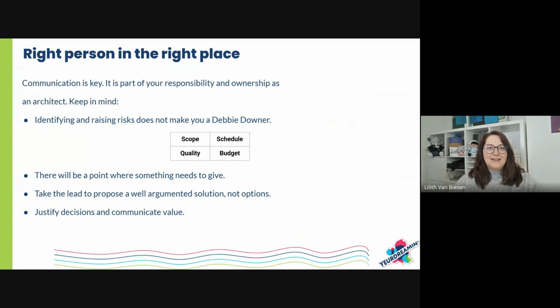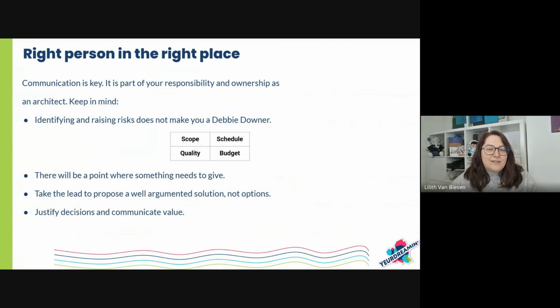So we don't just say, this is going to be an issue, and then drop that kind of panic into the room. We come with a plan, and that's where mitigation comes in. So if you're raising risks, it doesn't make you a Debbie Downer, as long as you also know how to mitigate those risks.